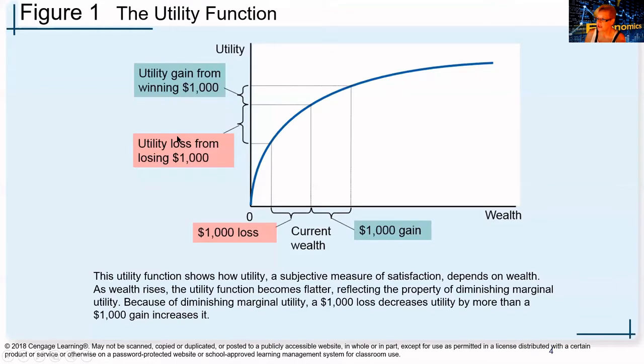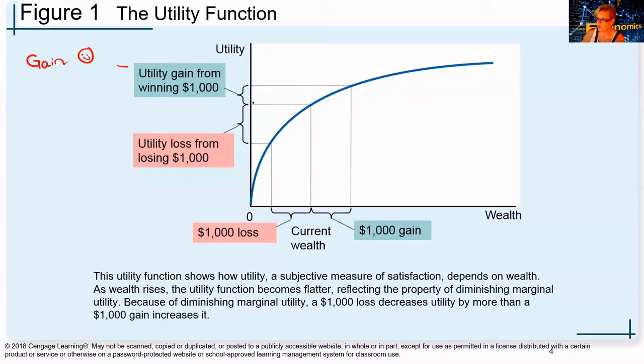So this is the utility function, and utility means the want-satisfying power of a good or a service. In this case, it's the gain, or the happy feeling, of winning $1,000.